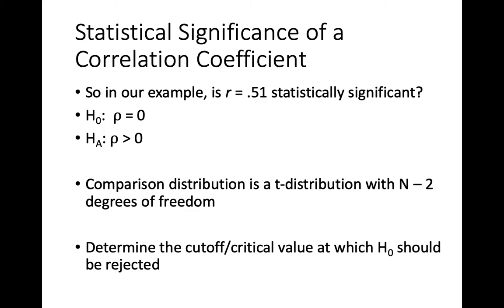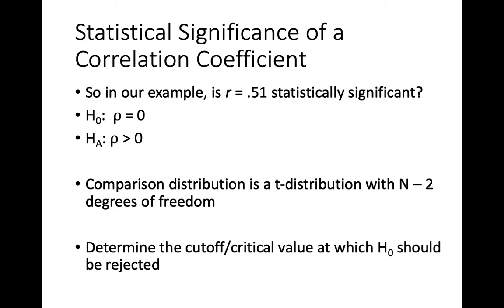But we aren't predicting whether there will be a positive correlation or a negative correlation. We're just going to see, is that correlation significantly different than 0? Most of the time, when researchers and statisticians have hypotheses about correlations, it's directional. Most of the time there's some prediction about the direction of the relationship. All right, so that's step one. Step 2 and step 3, we specify what the comparison distribution looks like and what the cutoff value should be.